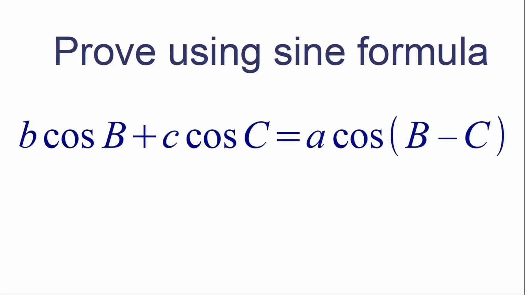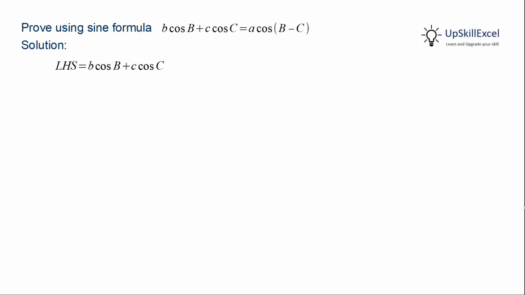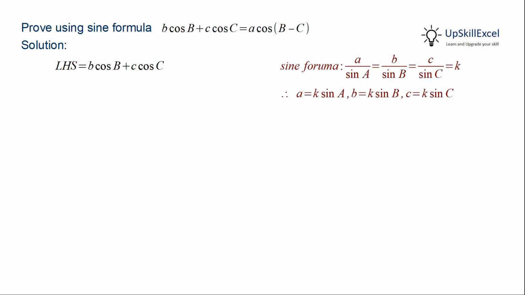Prove using sine formula that b cos b plus c cos c is equal to a cos (b minus c). We start with the left hand side and from sine formula we can replace b by k sine b and c by k sine c, taking the k common and observing that both the terms are in the format of product of sine and cos of the same angle.